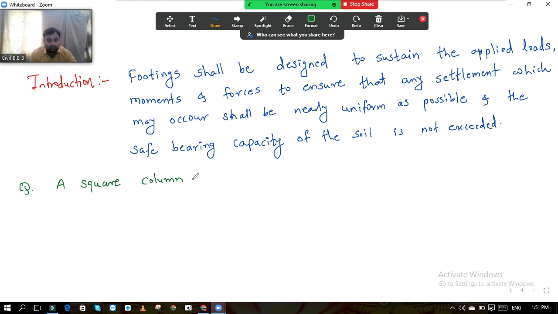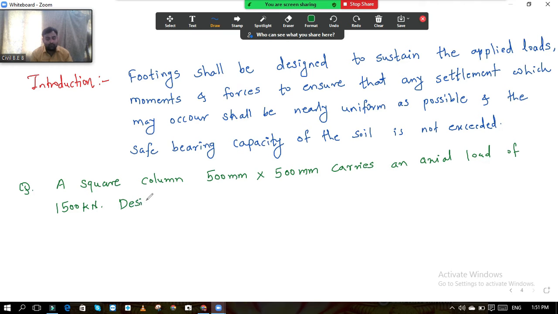A square column 500 mm by 500 mm carries an axial load of 1500 kilonewton. Design a square footing for the column.